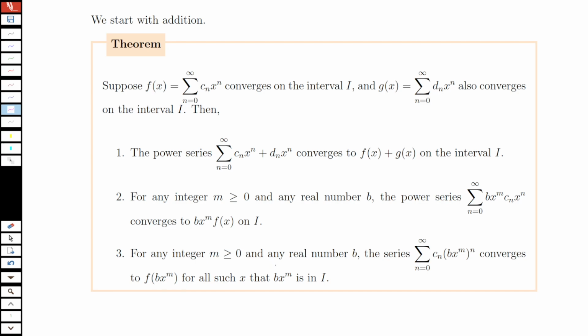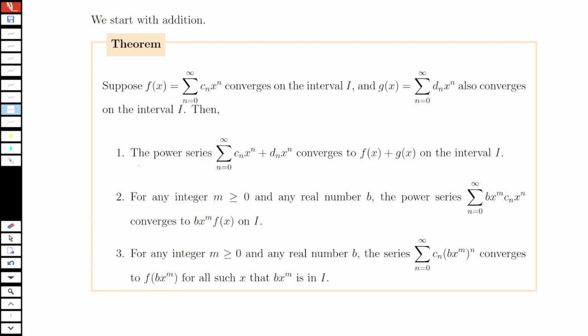Okay, and then this third property says, suppose I have a real number once again, and I have a positive integer, so that we're going to take x to a power. What we're doing here is composing, right? We're plugging this b x to the m in for where there used to be an x. And so on my function, I've replaced the x with b x to the m. So we can do composition, and that works out just fine too.